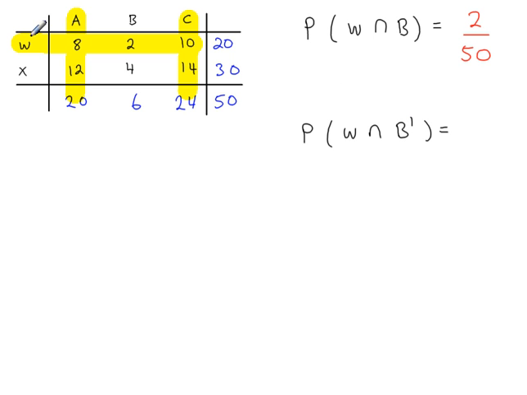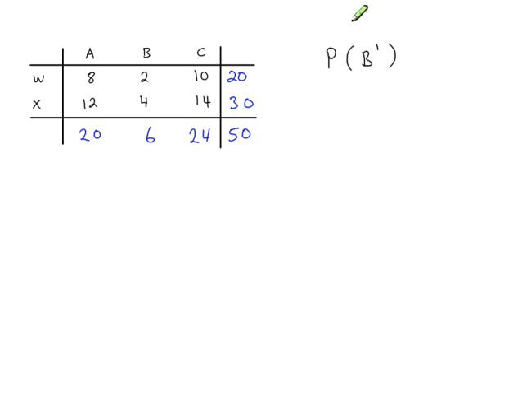Which numbers are in W and they're not in B? 8 and 10. Okay, the 8 there, it's in the event W and it's not in B. The 10 is in event W but not B. So you add them. 8 plus 10 out of the table total 50. And you can simplify these afterwards. You've got 18 out of 50. You can cancel it down later.